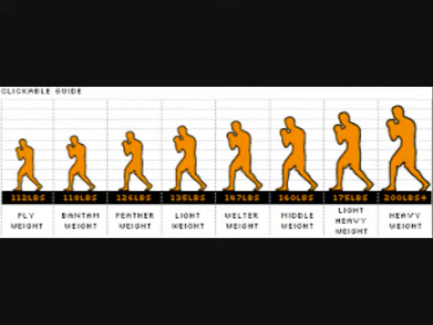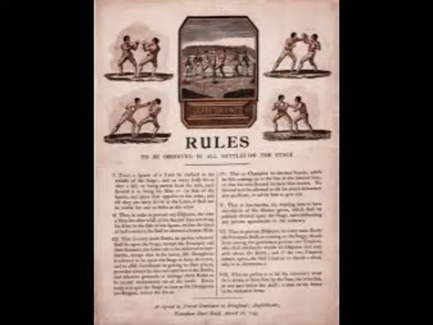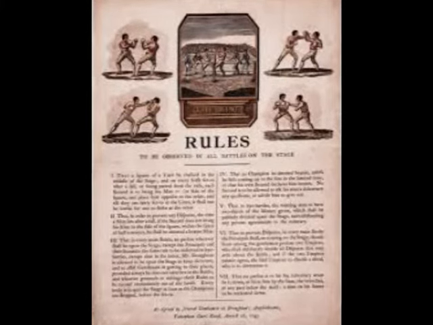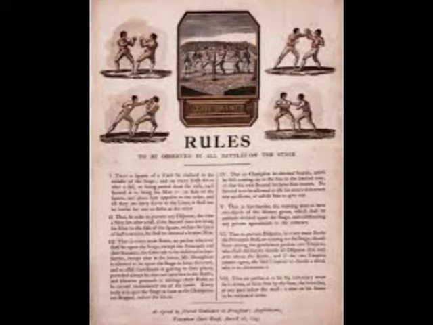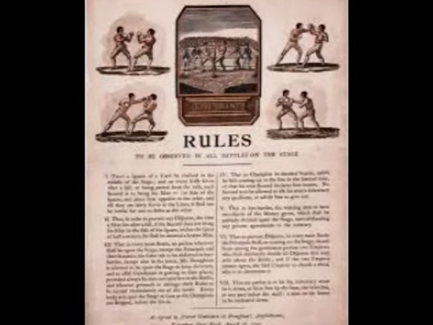The London prize ring rules came out of the earlier Pugilist Society rules. The Pugilist Society rules came out of John Jack Broughton's rules, better known as Jack Broughton's rules, and so on up until the beginning of time. So everything comes from something, y'all. All this stuff comes from something older, more archaic, more simple.